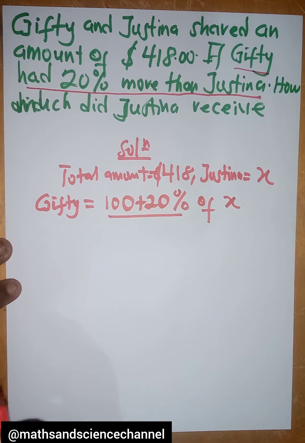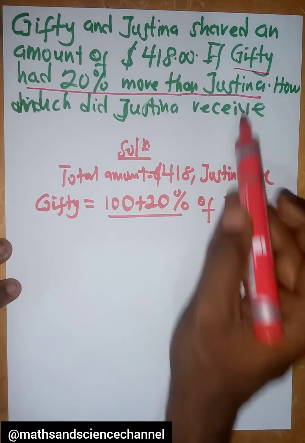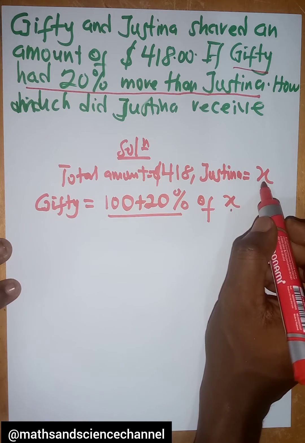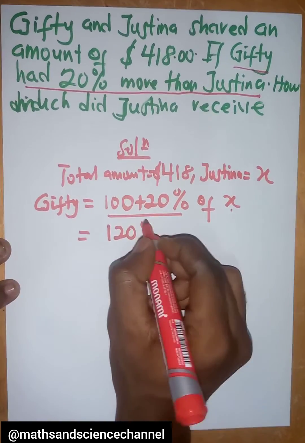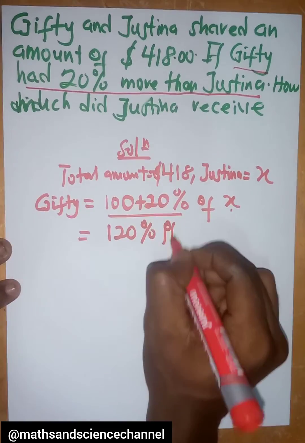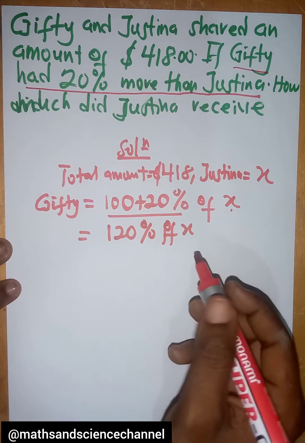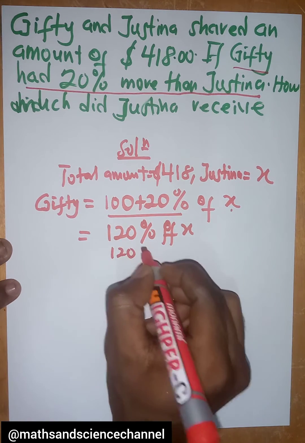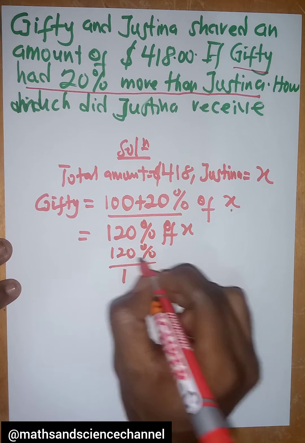So if Gifty had 20% more than that of Justina, and we are representing Justina by X, which means that Gifty is having 120% of that of Justina.